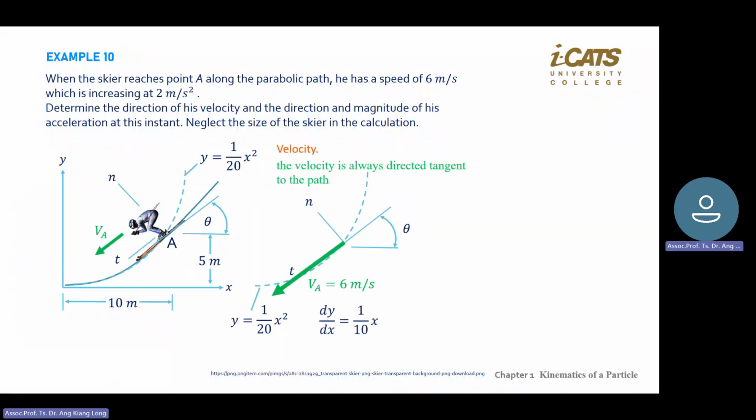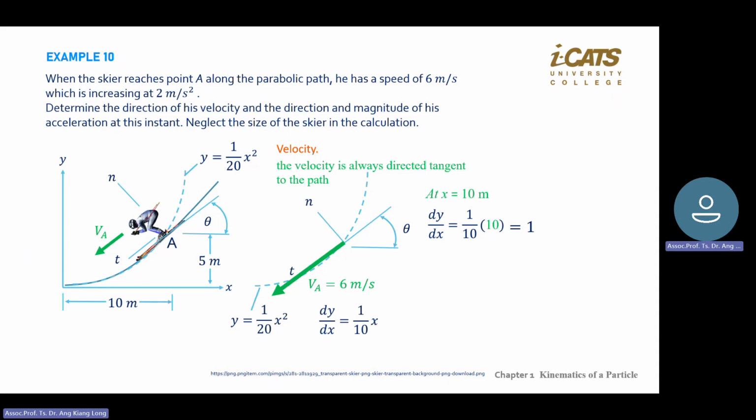First, draw the diagram, put in the motion V or A. A is not given, so never mind. So here you do the differentiation first. Y equal to something, you do dy dx, you get the number. So you know that your x is 10. You see this one as Cartesian.